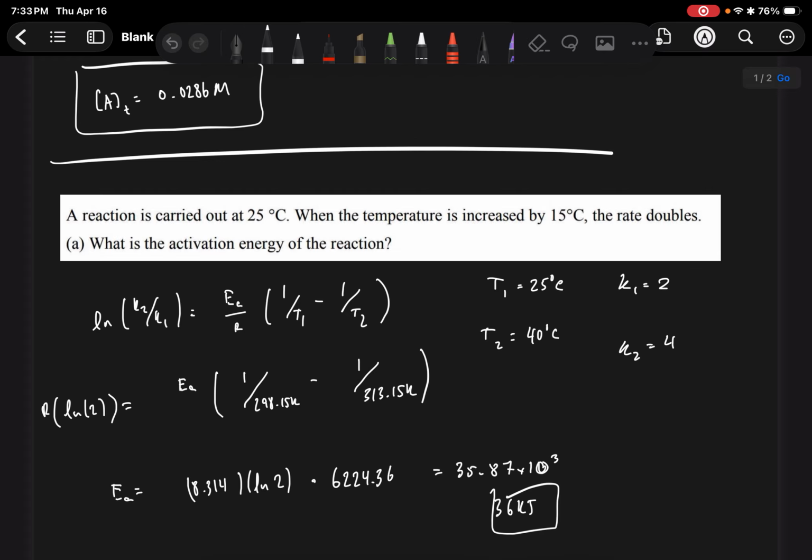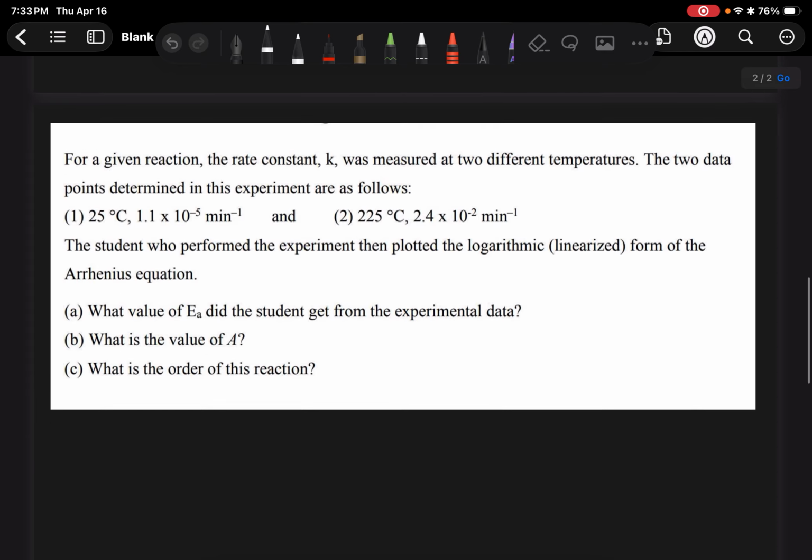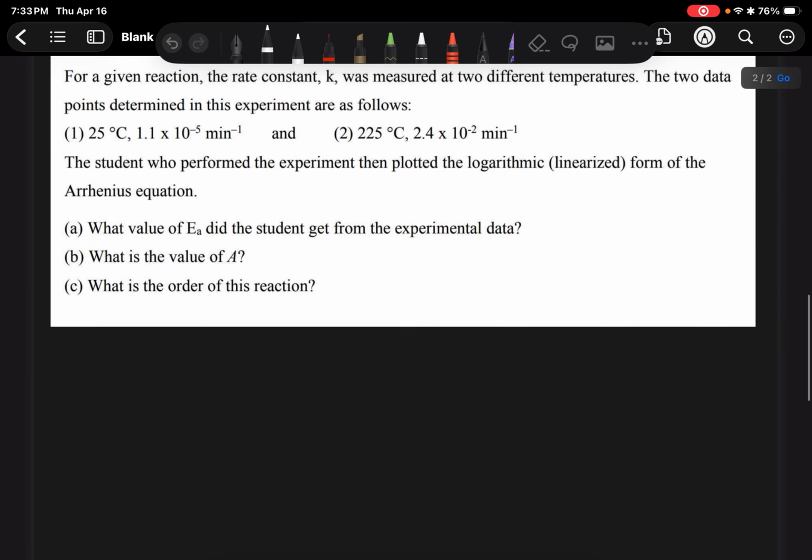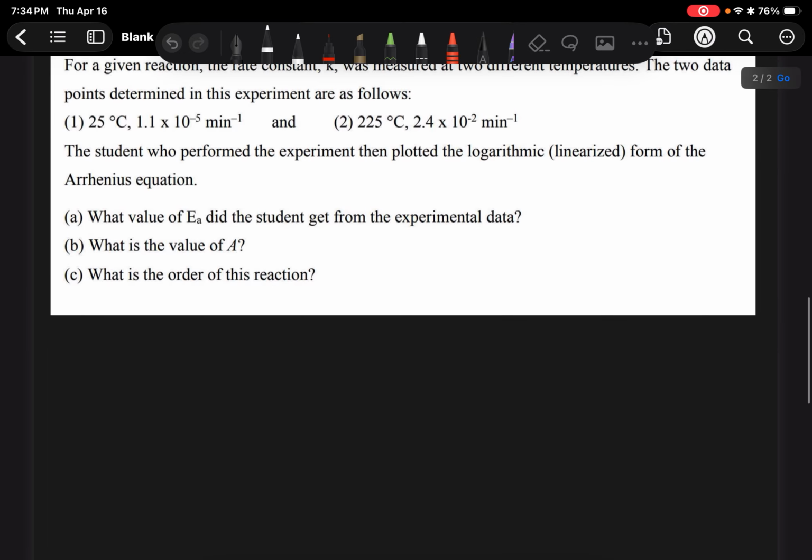I'm very curious now. I guess it says logarithmic, but the other one has a log as well. I'm going to try doing it this way and see how that goes.